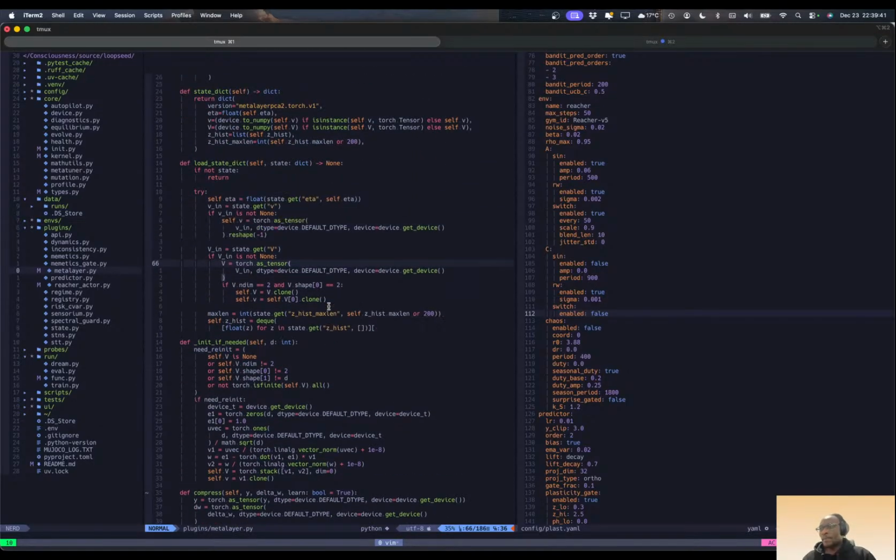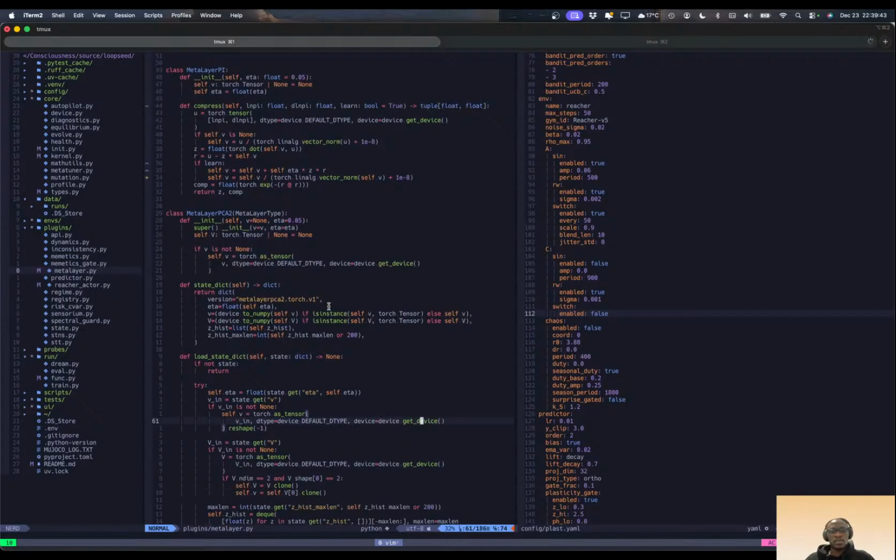So memory in connection with compression, we get a system that remembers somehow, but our system is not robust in the sense that we can't remember many steps.